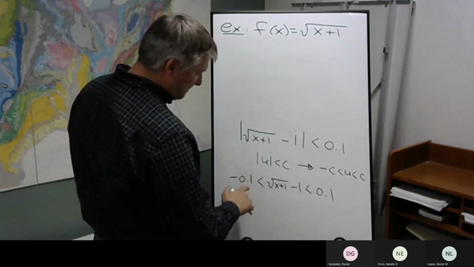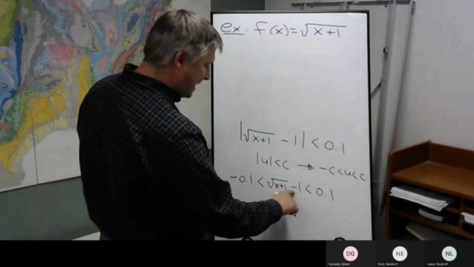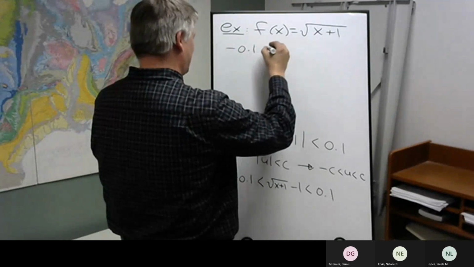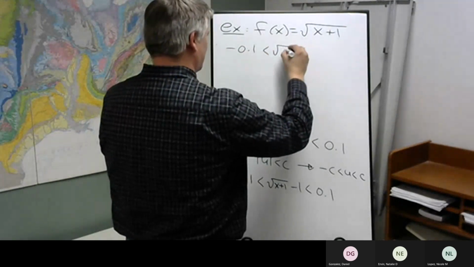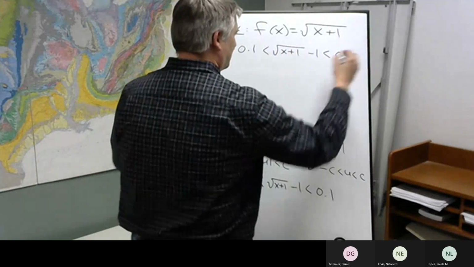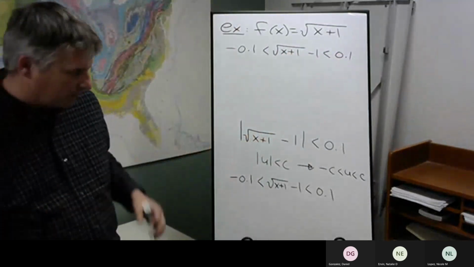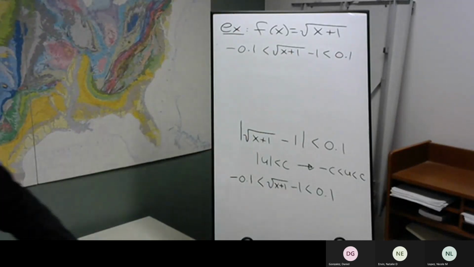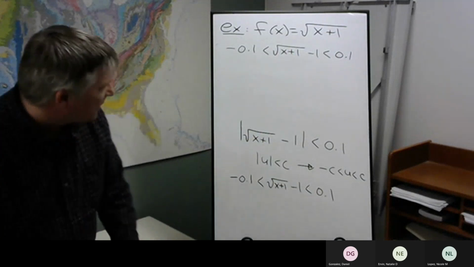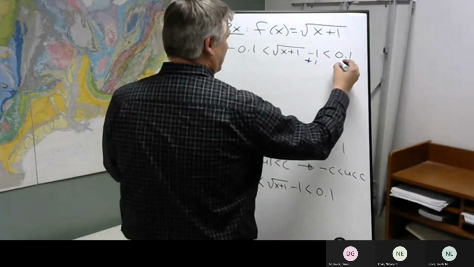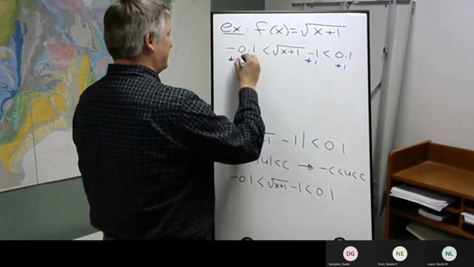So what we could do, let's see here, we can add 1 to both sides. Or really all 3 sides. So to solve for x, we're going to add 1 everywhere. Here, here, and here.